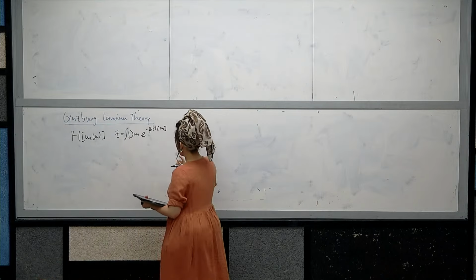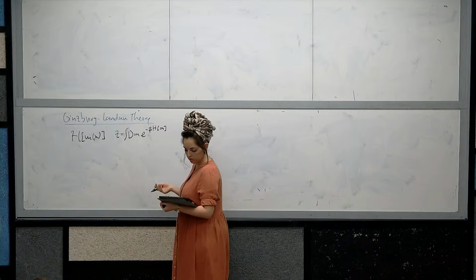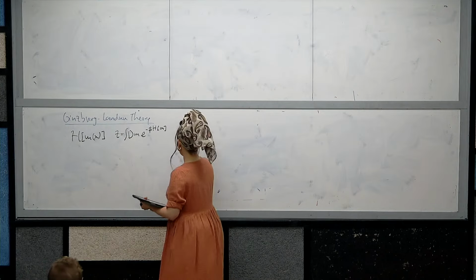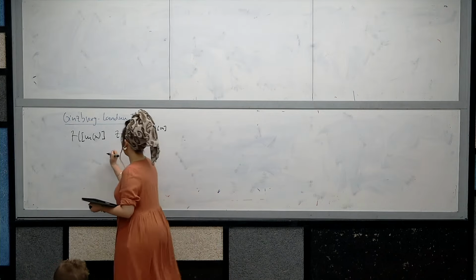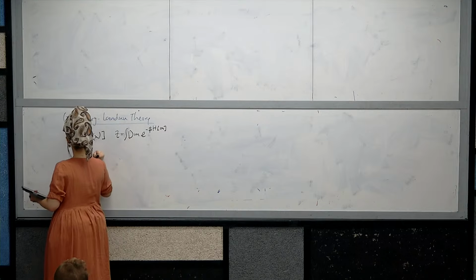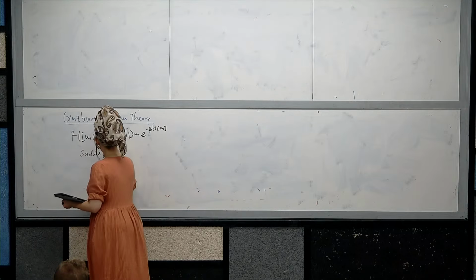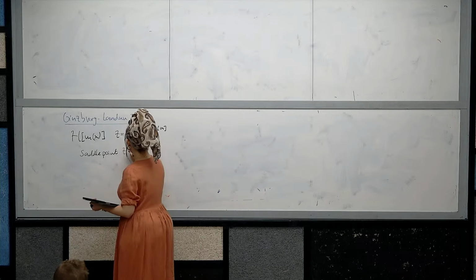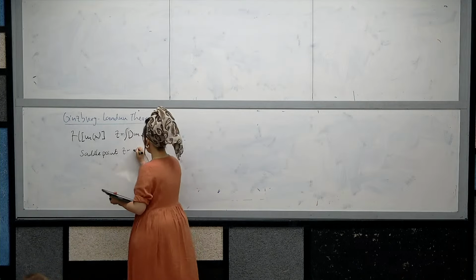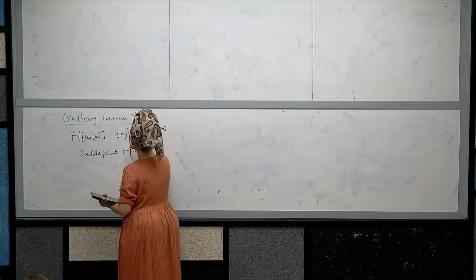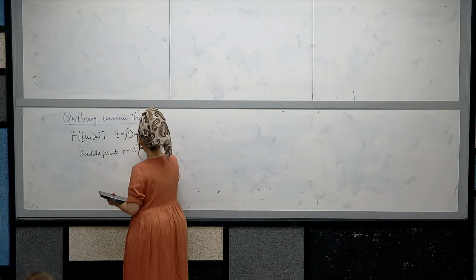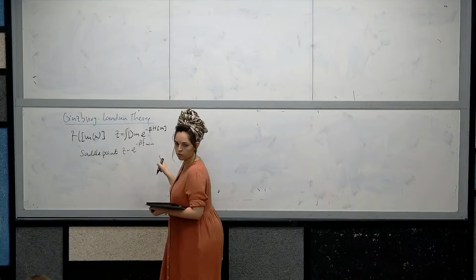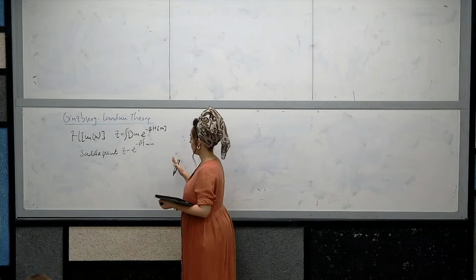And we started with the saddle point approximation, where the partition function just goes like e to the power of minus beta times the minimal value of the free energy.